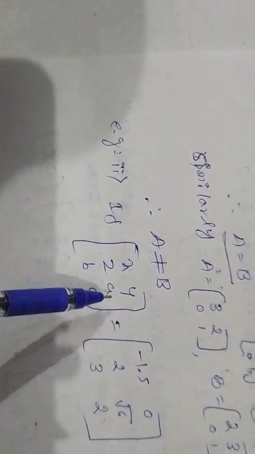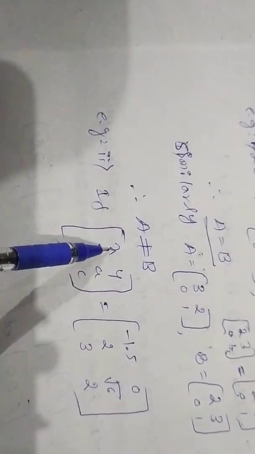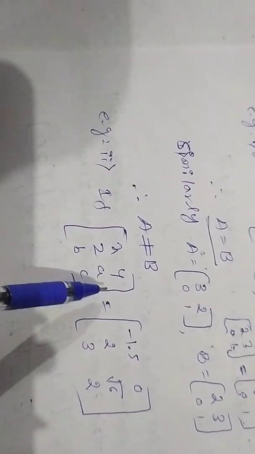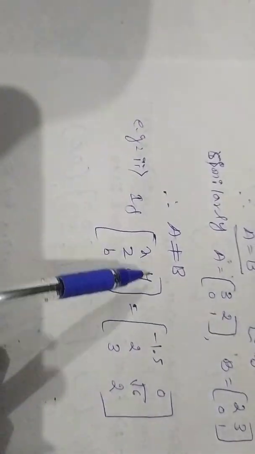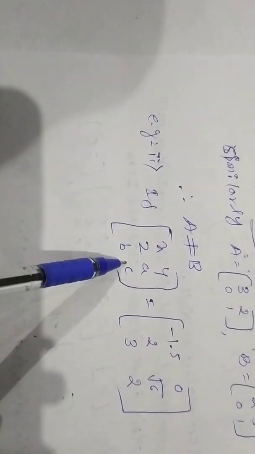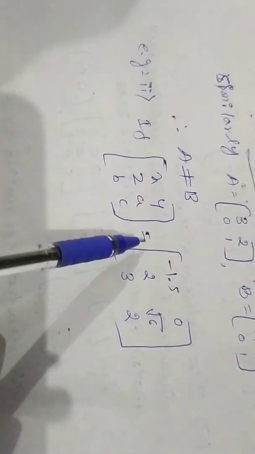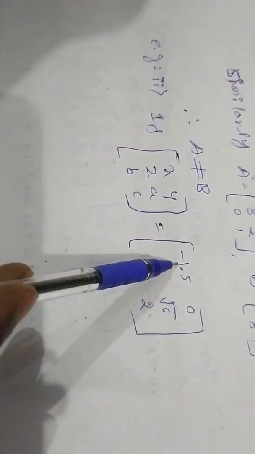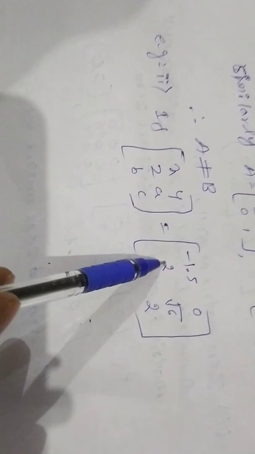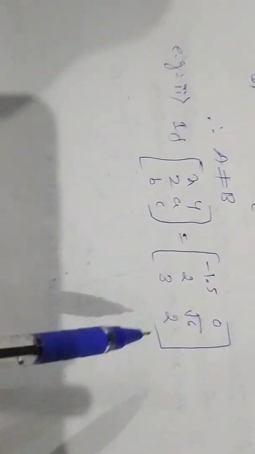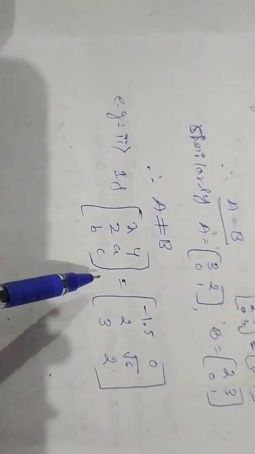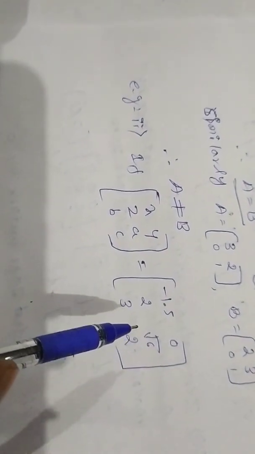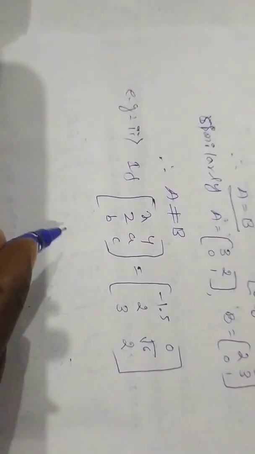If a matrix of order 3 cross 2, with entries X, Y, Z, A, B, C, equals the matrix with entries minus 1.5, 0, 2, root 6, 3, 2, then the two matrices are equal because they have the same order and the same corresponding elements.